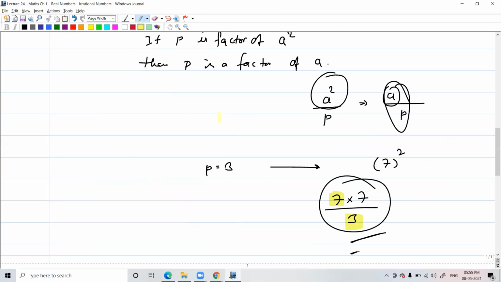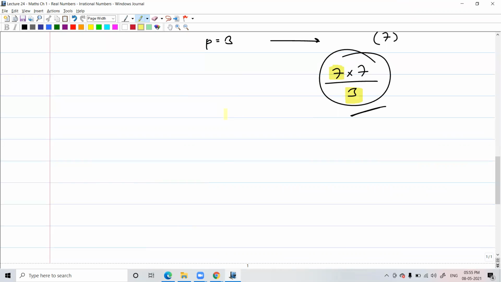So remember this, it will be useful in what we are going to prove next. If somebody says that a square is divisible by p, it means that a is also divisible by p. Isn't that what we are telling?